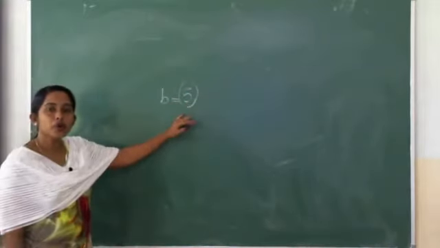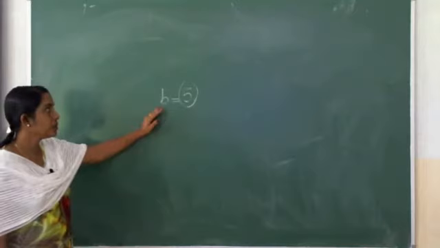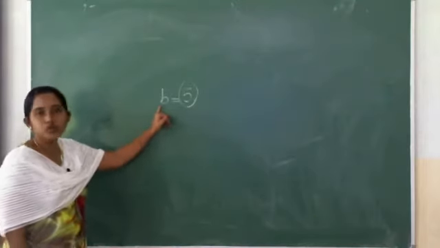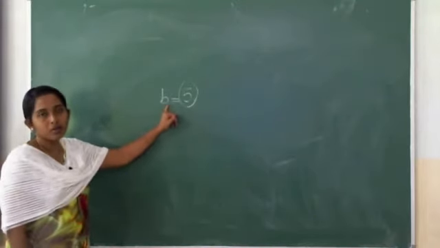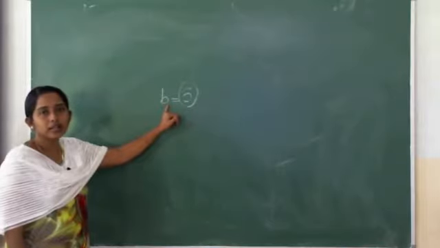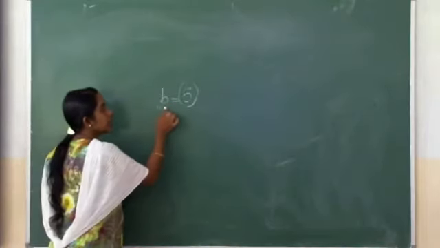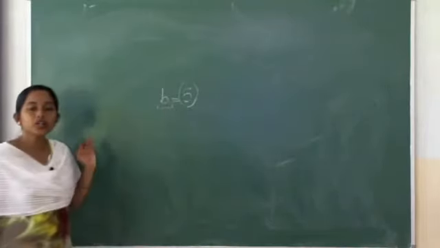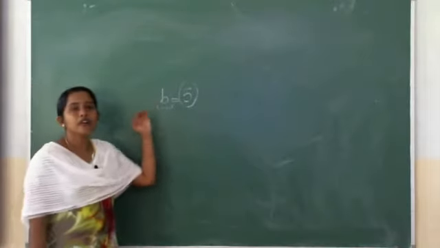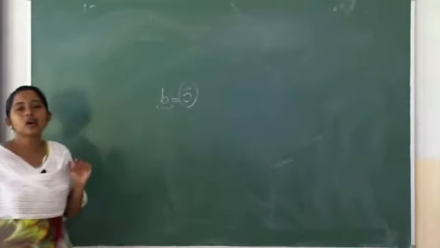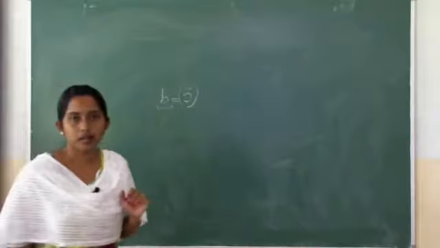If you want to store a particular value, you give a particular name to it, isn't it? Normally in maths you write like that. So this particular name that we use for storing a value is known as a variable.